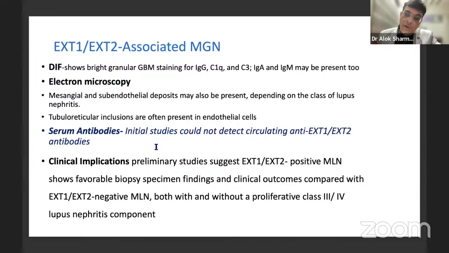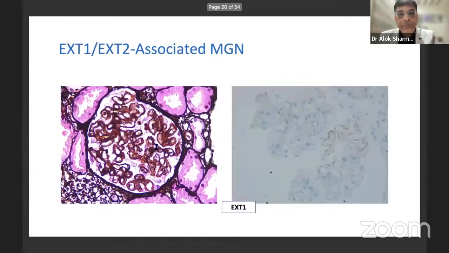The important implication is that in the absence of circulating autoantibodies, it will be very difficult to judge therapy and to monitor those cases, unlike other cases. But hopefully our detection methods become more refined, because I'm sure there are autoantibodies. It's only a matter of time before we are able to detect them in circulation also.